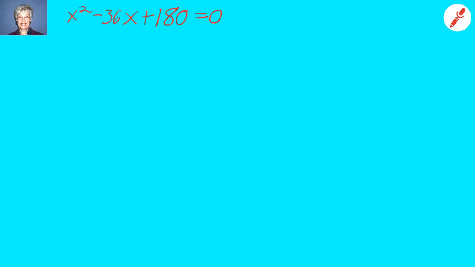I think I'll use my calculator just because it's so much easier. I'll go to y equals, and I'll clear everything that was there before. And in y1, I'll put 180 divided by x.